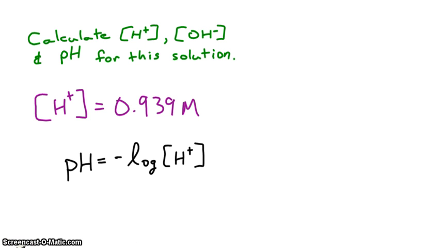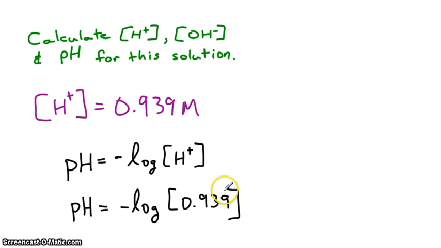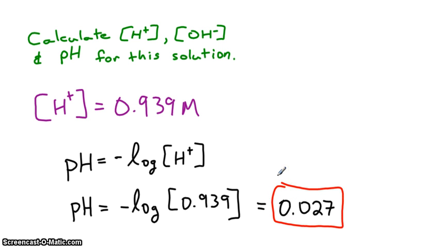Substituting, calculating the pH, we get 0.027.